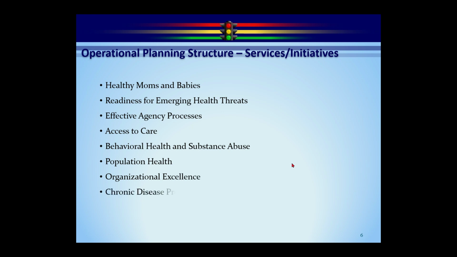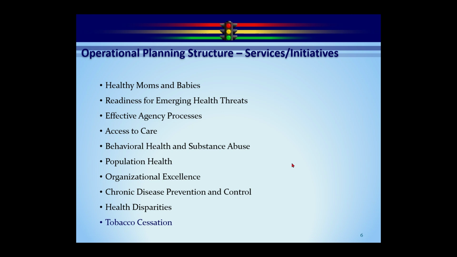Organizational excellence. Chronic disease prevention and control. Health disparities. And again, for today, we're going to use the example of tobacco cessation. So again, these are priority areas or buckets. They're not actions at this point in time, but they're containing a set of plans that will get you to healthy moms and babies, or to behavioral health, or to population health, or whatever.